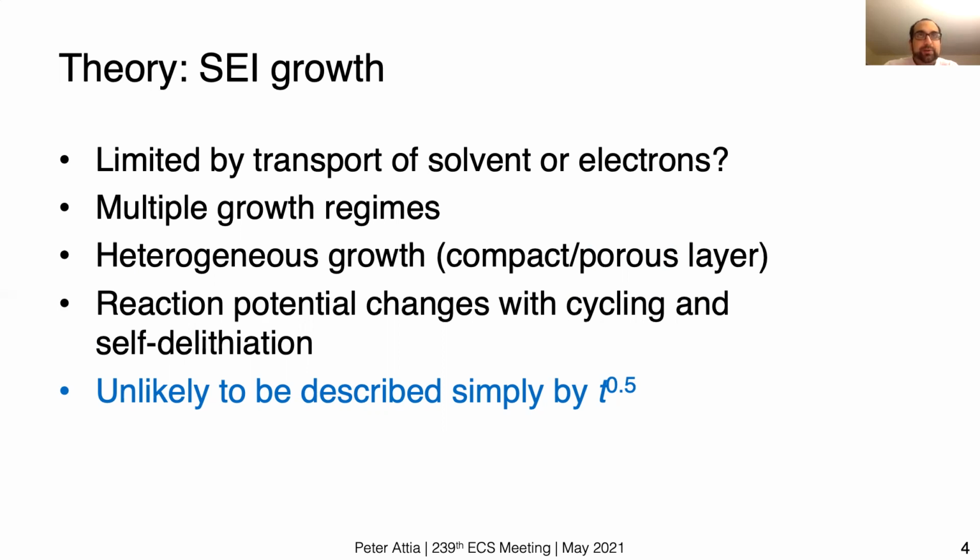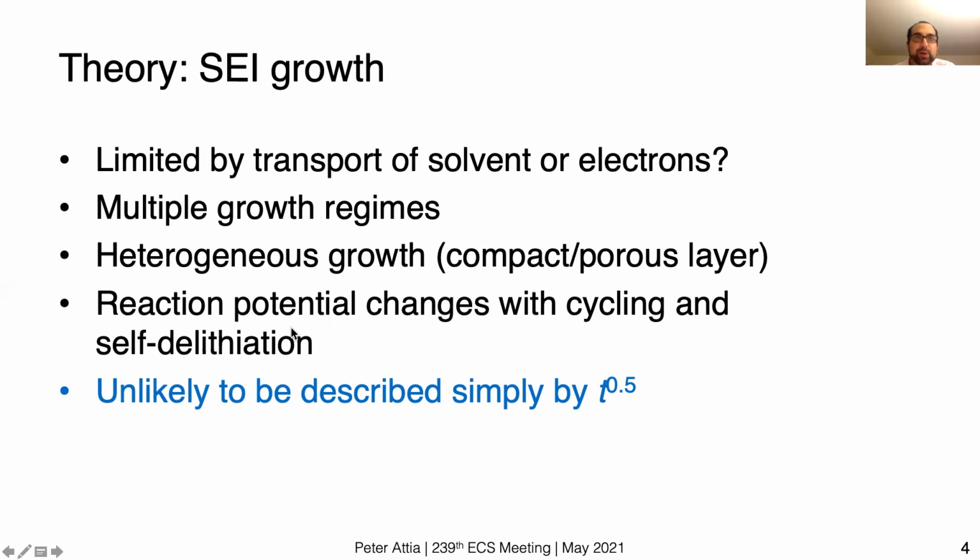We also have multiple growth regimes of SEI growth. So there's the initial formation versus the sort of long-term growth. There might be some convolutions with different transporting species in those different growth regimes. SEI growth is also heterogeneous. So this sort of compact porous layer morphology difference in the SEI is pretty well documented.